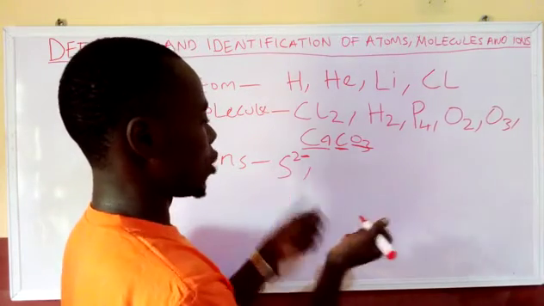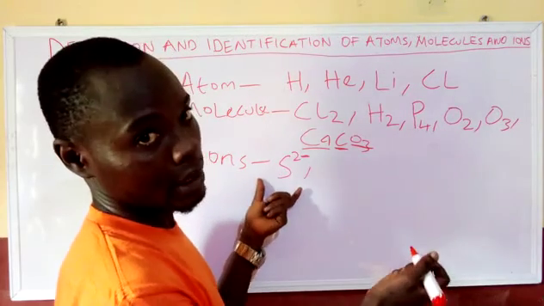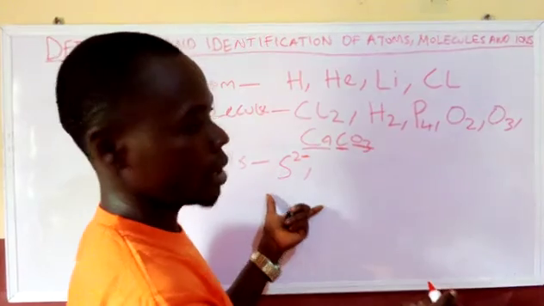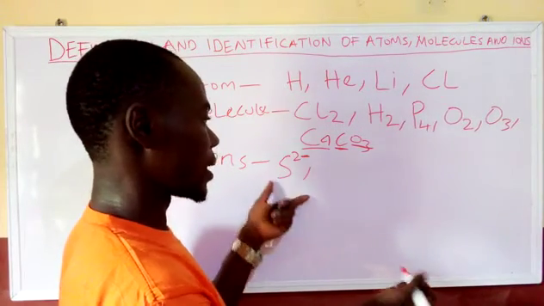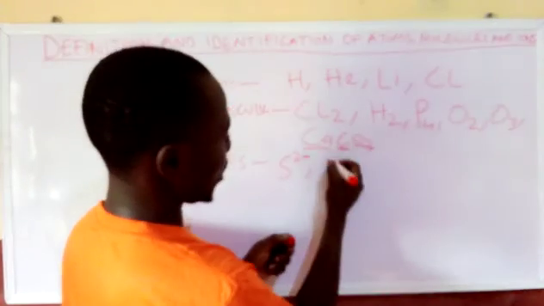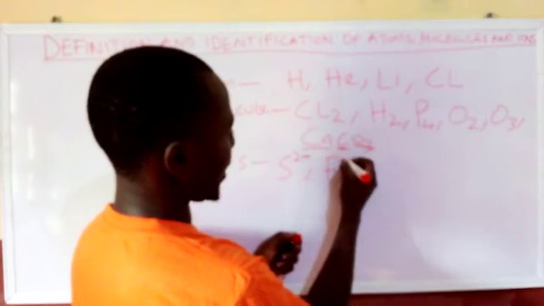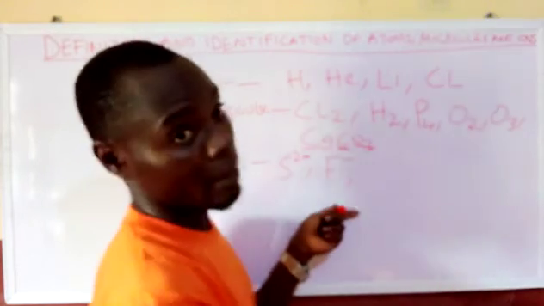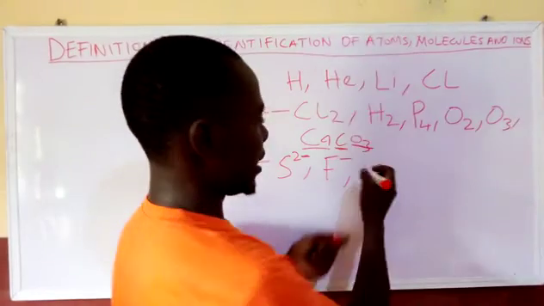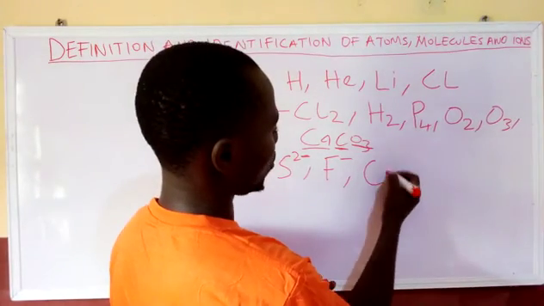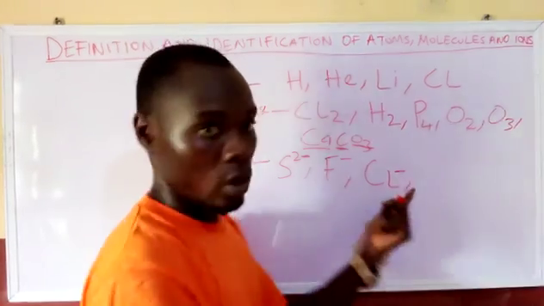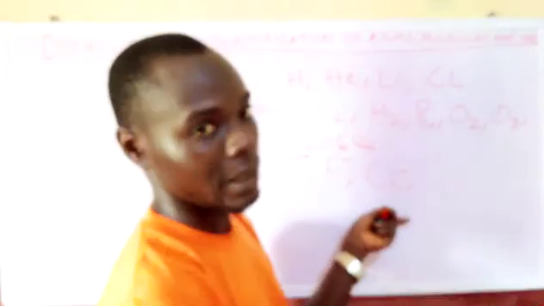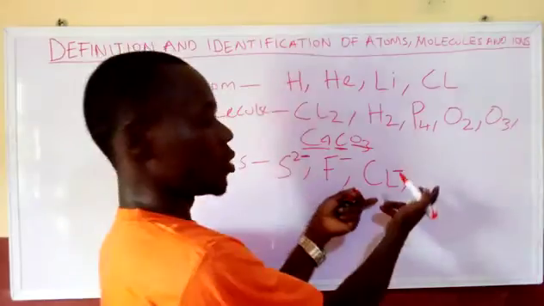This is an ion of sulfur, an example of a non-metallic ion. Fluorine also, F negative, and Cl negative are non-metallic ions.